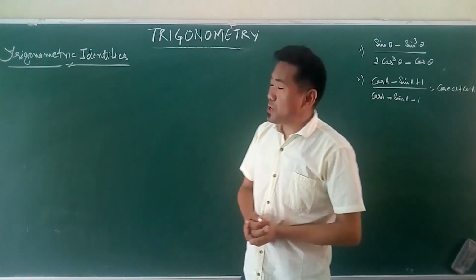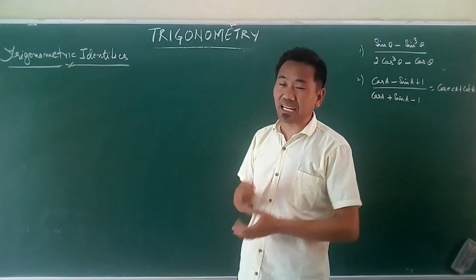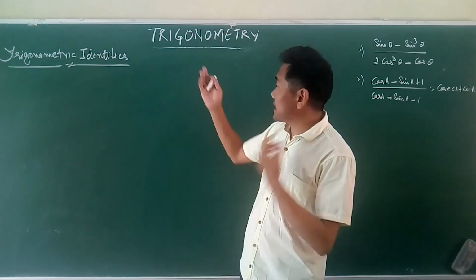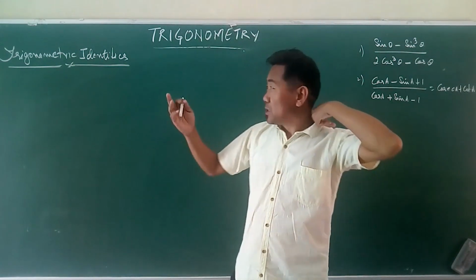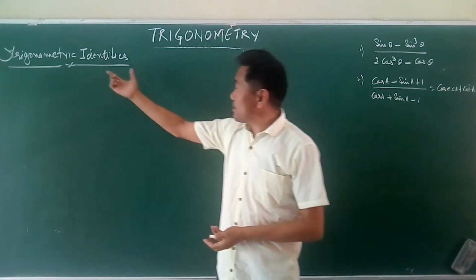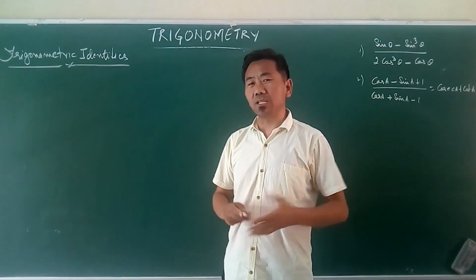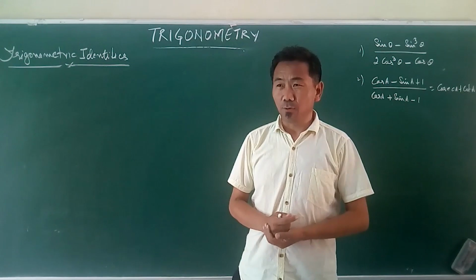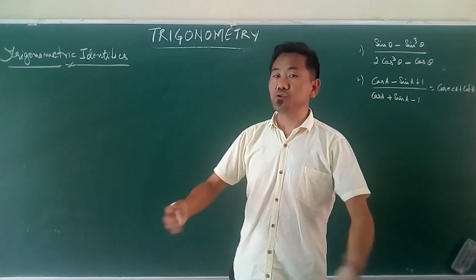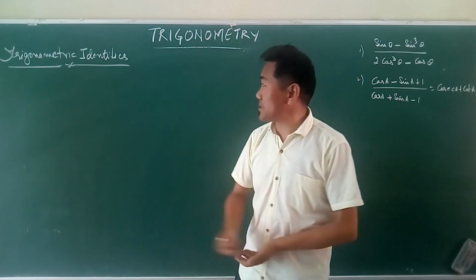Okay, so today we are going to discuss trigonometric identities, and this is the last subtopic of the introduction of trigonometry. So, to do the trigonometric identities, number one, what do you mean by identity? In lower classes, you learned about identities, which means having an equation. Exactly the same here in trigonometric identities.